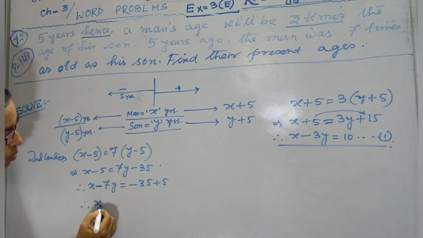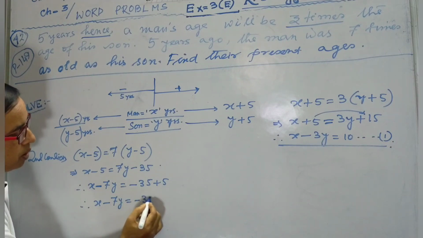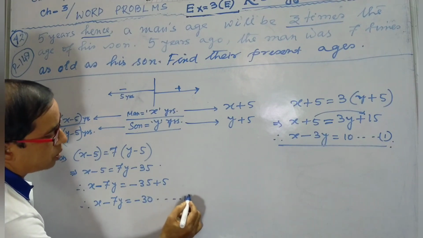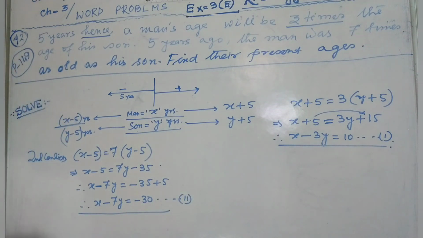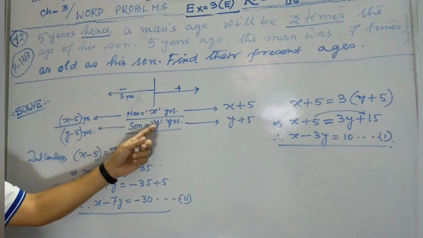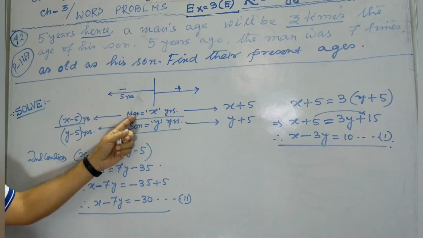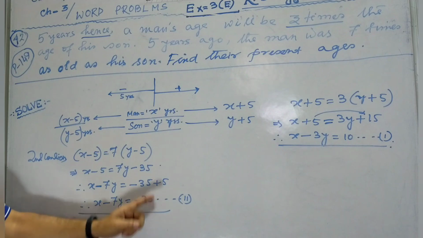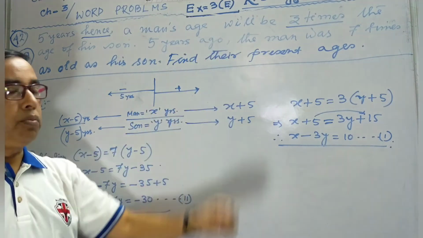That is, the equation becomes x minus 7y equal to minus 30. This is equation 2. Now you can easily solve this and you will get the values of x and y. The value of x is the age of the man and the value of y will be the age of the son. And that is the question in the problem.